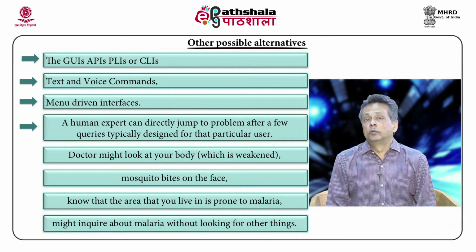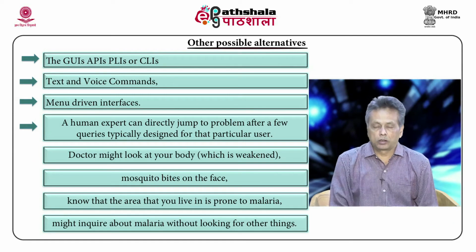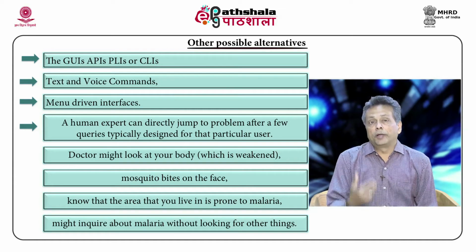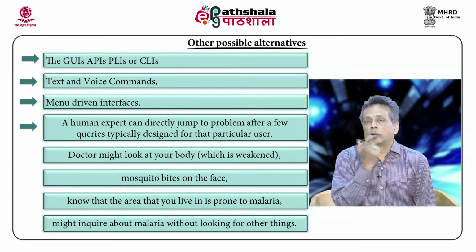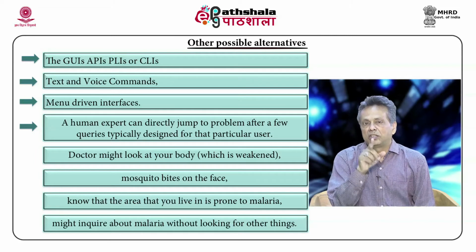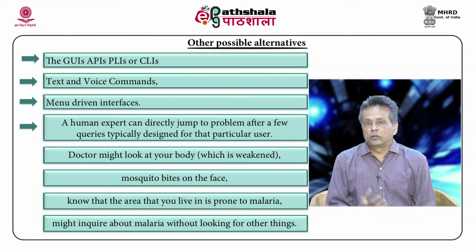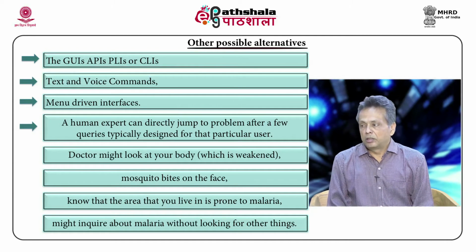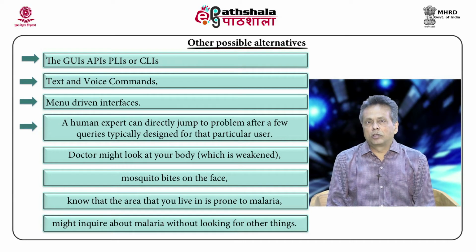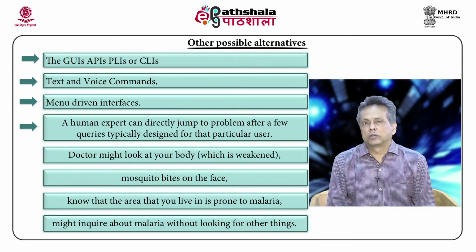The interface that humans have, for example, when you go to a doctor, without you speaking anything, the doctor would notice mosquito bites on your face, see that your body is weakened, that you look weak, and also know that you live near a place where there are a lot of mosquitoes and is quite prone to malaria.